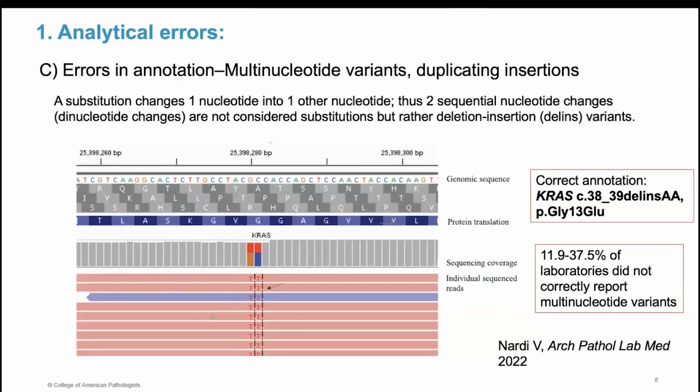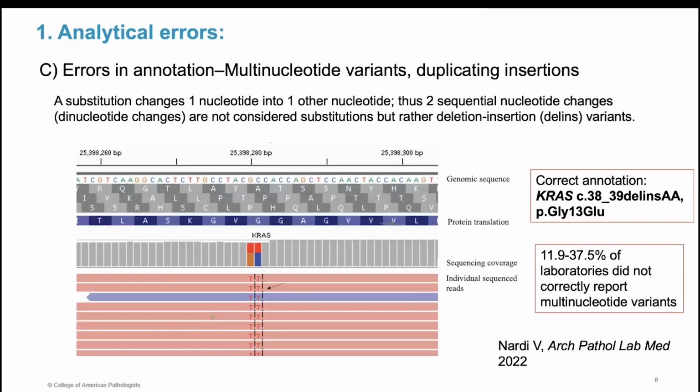Finally, the third type of analytical errors are errors in annotation. These occur for multi-nucleotide variants or duplicating insertions. A substitution is a change from just one nucleotide into one other nucleotide. When there are 2 sequential nucleotide changes or 3 sequential nucleotide changes, so a dinucleotide change or a trinucleotide change, those are not considered substitutions, but rather deletion insertion variants, so delins.